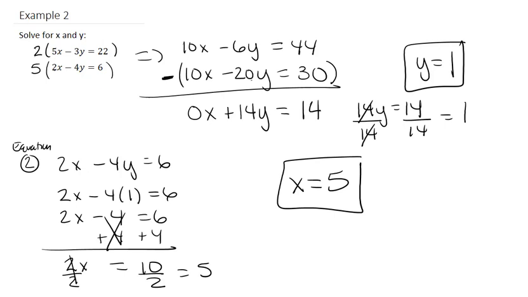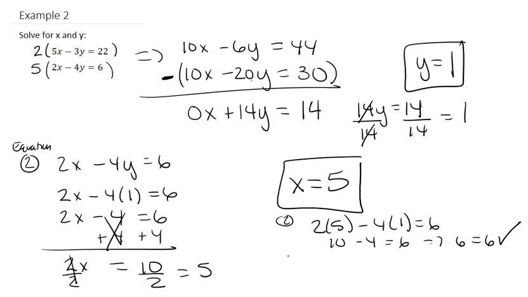Now we can check to make sure we did this right. If we plug this in to equation 2, so if we have 2 times 5 minus 4 times 1 is equal to 6. Is that correct? So we get 10 minus 4, which is equal to 6. So we have 6 equal to 6. So this verifies. Now let's look at equation 1.